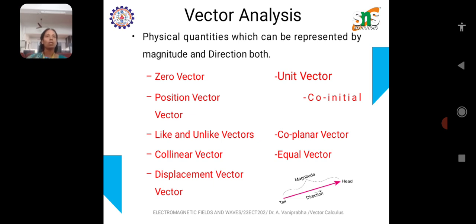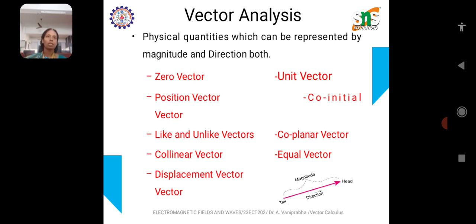Forces acting on a book lying on the table. Gravitational force, normal force, friction. So it is a vector which acts on a plane surface. That kind of vector is named as coplanar vector.